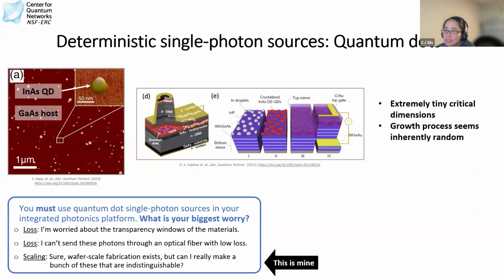Just because if you look at how they're usually made, first of all, your critical dimensions are extremely tiny, and the growth process, for the self-assembled case, has inherent randomness to it, both in where they form and how they form. Local conditions might change their shape a bunch.